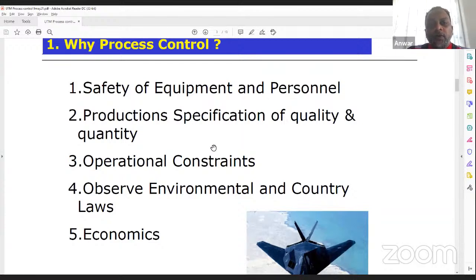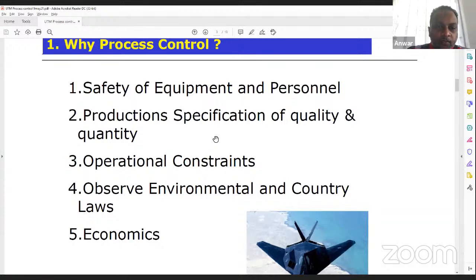So yes, we need people, but some of the jobs are not practical to be carried out by people. Therefore, we need process control and instrumentation to help us oversee those sub-processes.